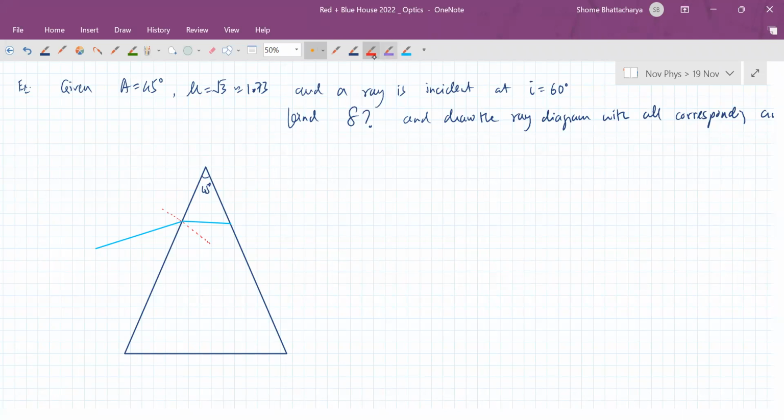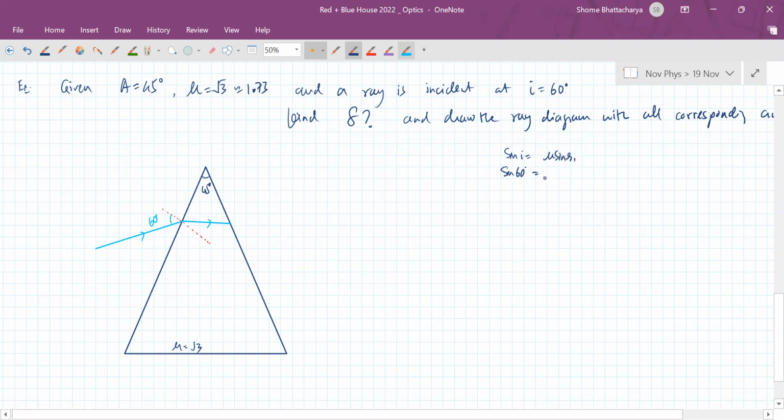So here, the angle of incidence is 60 degrees and mu is equal to root 3. Then we have sin 60 = root 3 sin R1.